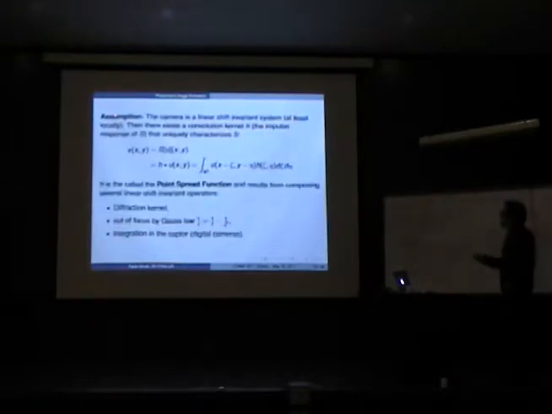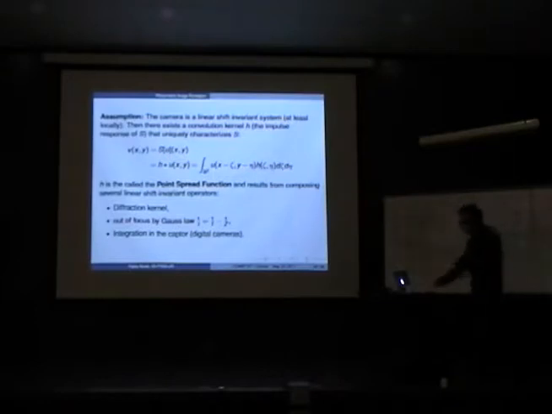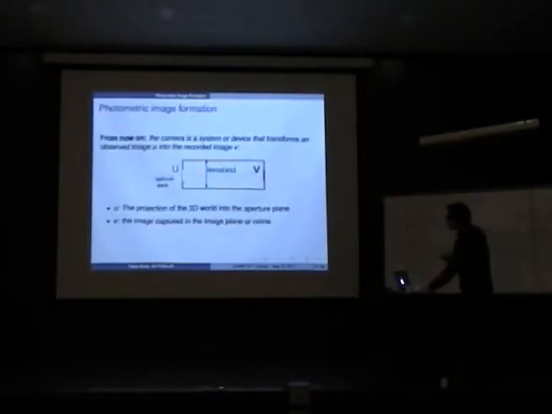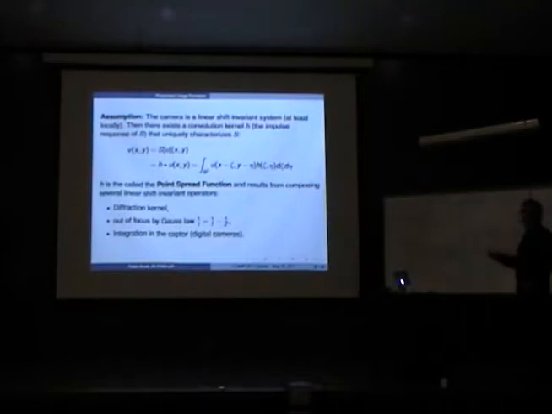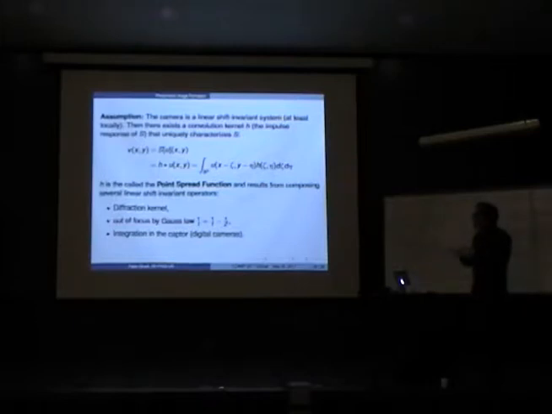So we're going to study the process that transforms an image from here to here. We assume that this system is linear and shift invariant, which it is really not the case, but locally we can model it that way. Why is this assumption not true in general? Because, for example, I have shown you distortions.